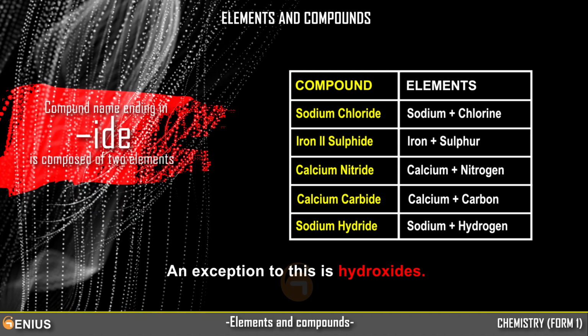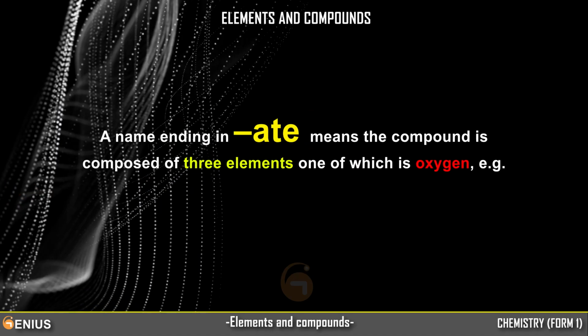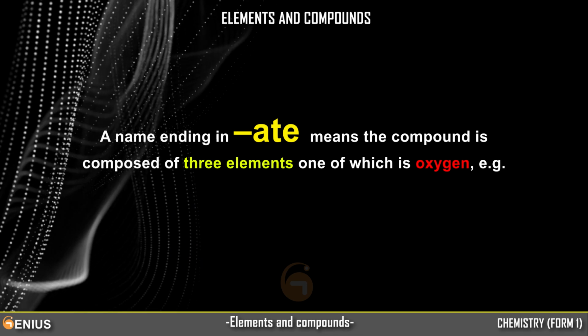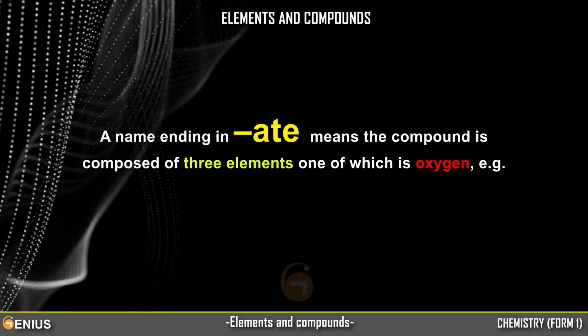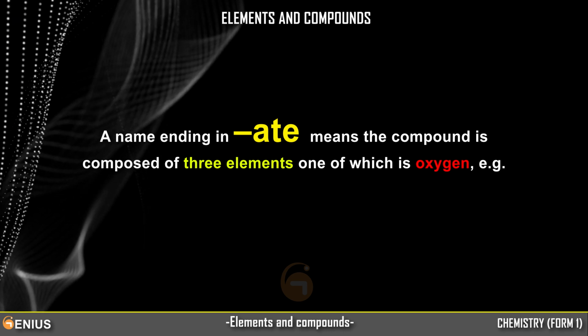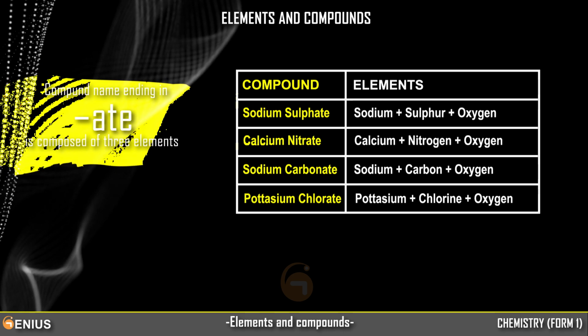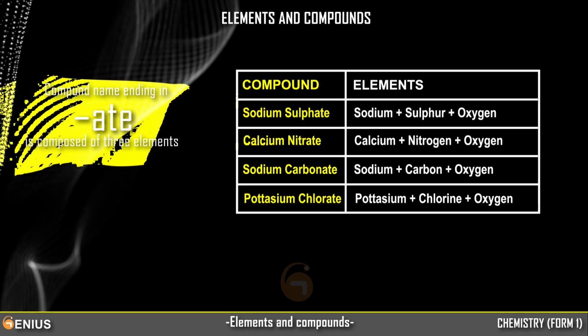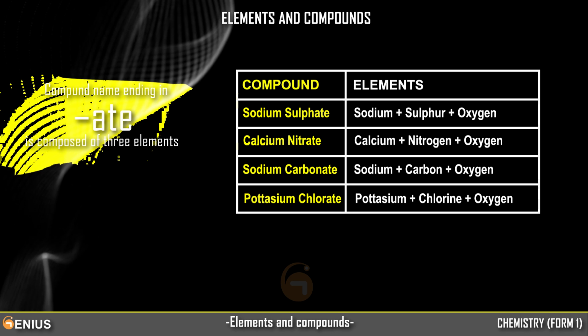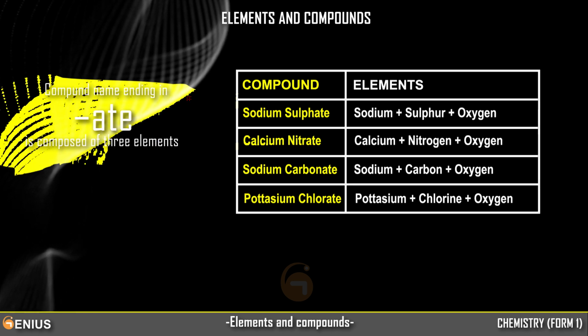A name ending in ATE means the compound is composed of 3 elements, one of which is oxygen. E.g., sodium sulfate is made up of sodium, sulfur, and oxygen. Sodium carbonate is made up of sodium, carbon, and oxygen.